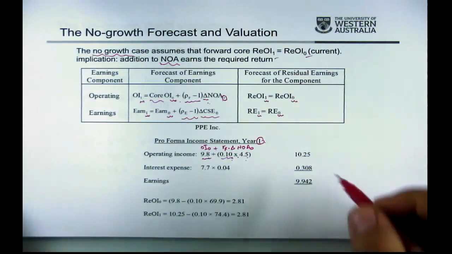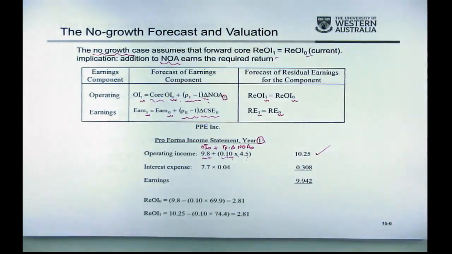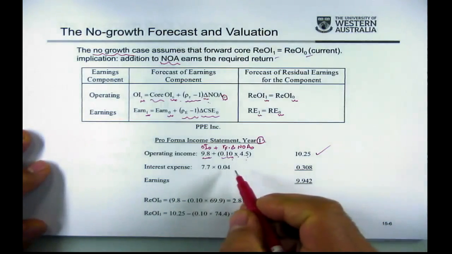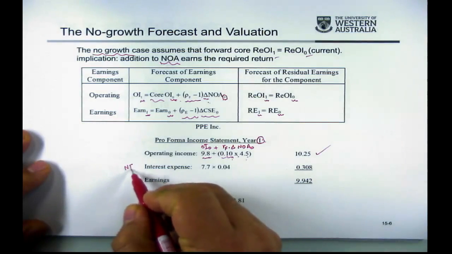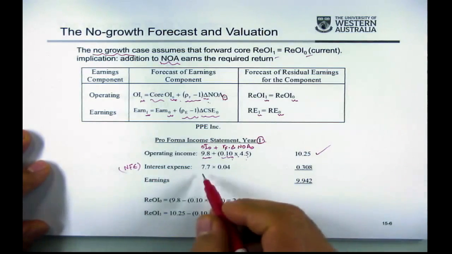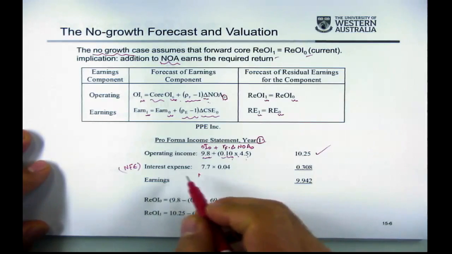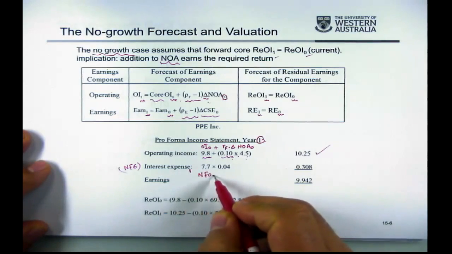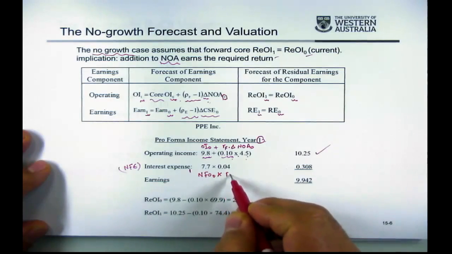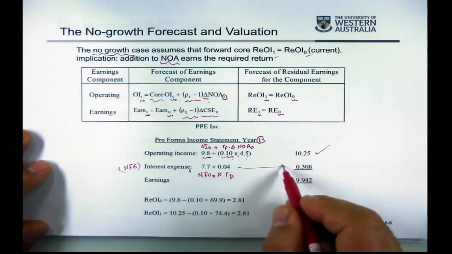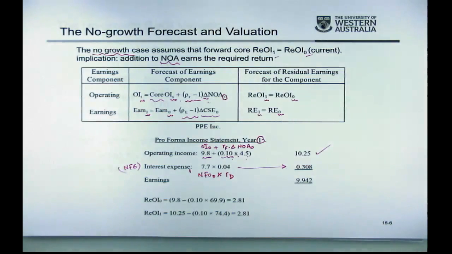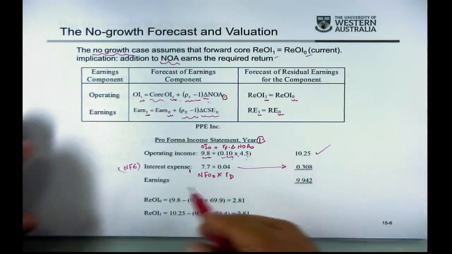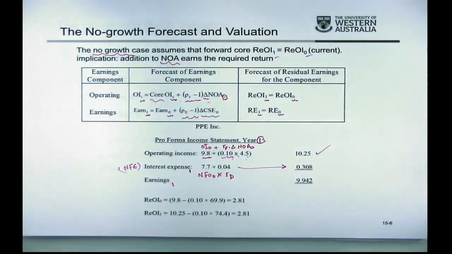So this is the expected operating income. The interest expense, or net financial expense, for year one is equal to NFO in year zero times the required return on debt. So this is the net financial expense for year one. The difference, of course, gives us the earnings expected in year one.